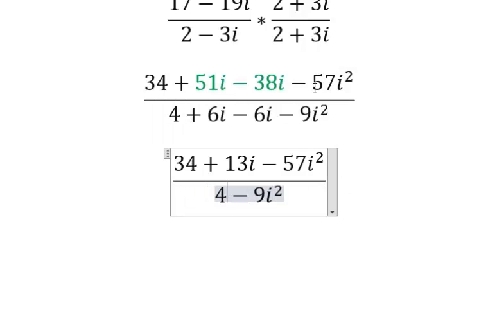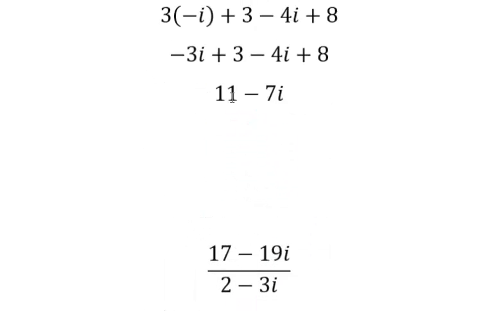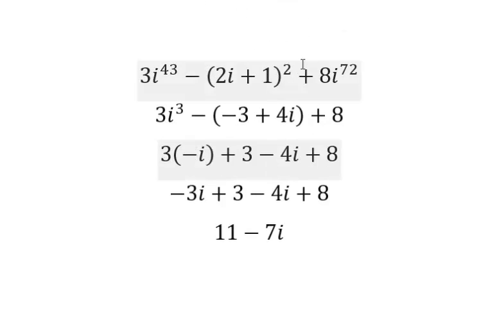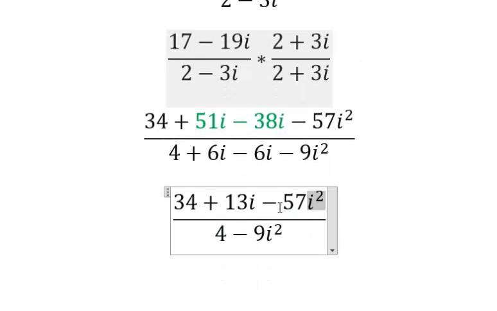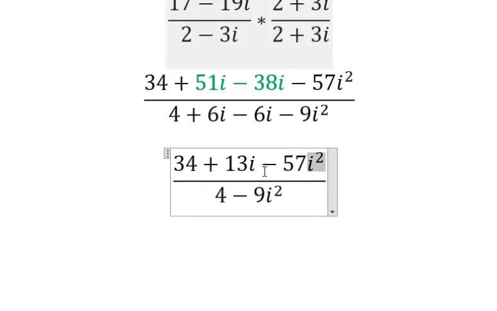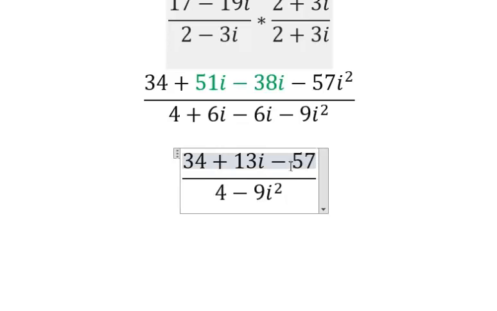Now, what happens with the i squared? Remember what I told you before on the previous exercise. The i squared basically transforms this number into the same number with a different sign. Because we have minus 57 with the i squared, we're gonna have positive 57. Because we have minus 9 with the i squared, we're gonna get positive 9.